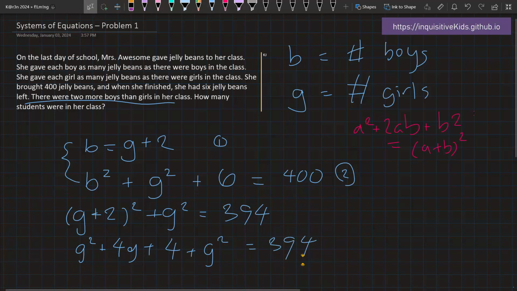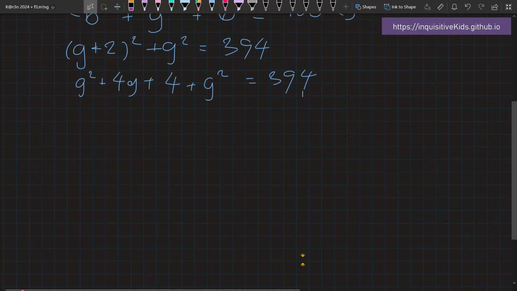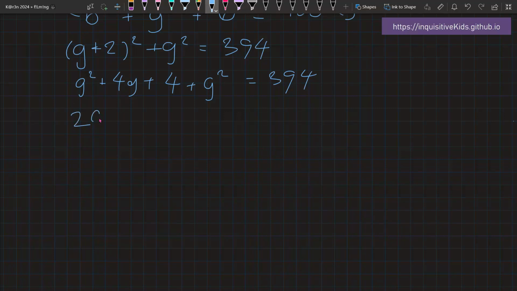And now we can just combine like terms and transpose terms. So g squared plus g squared gives us 2g squared. And we still have 4g, and we can also subtract 4 from both sides of the equation to get 390.